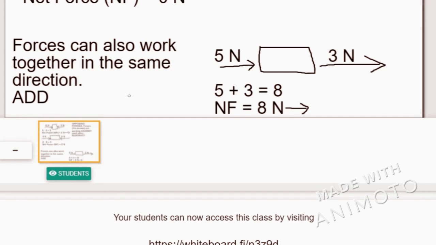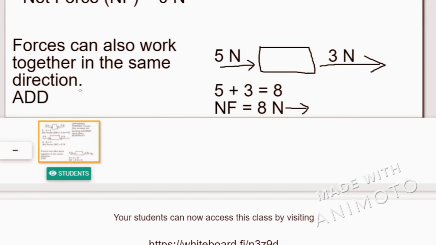So when forces work together, let's look at our example on the right. We have 5 newtons of force pushing the box this way, and then 3 newtons of force pulling the box in the same direction. So these 2 forces are working together. It'd be kind of like if one person was pushing a piano and the other person was pulling it and they're trying to move it together.